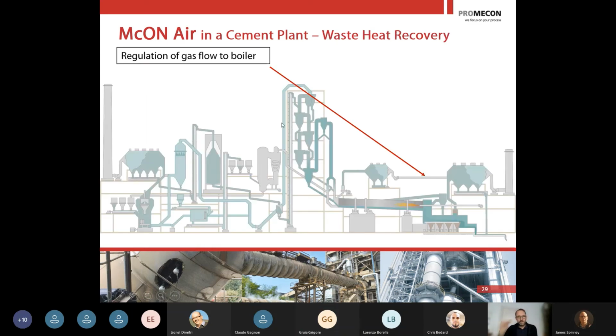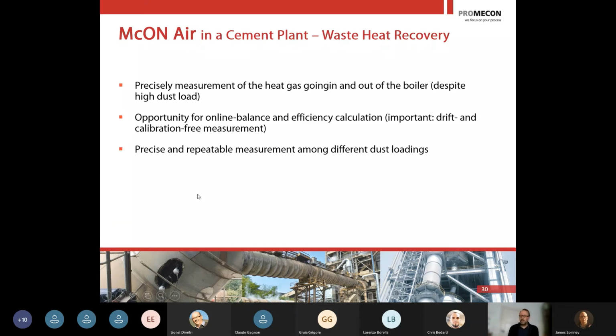Another application is the flow to the waste heat recovery boiler, where of course you have a gas flow with a high enthalpy, and you want the possibility to measure it. So you get a precise measurement of the hot gas going in and out of the boiler.